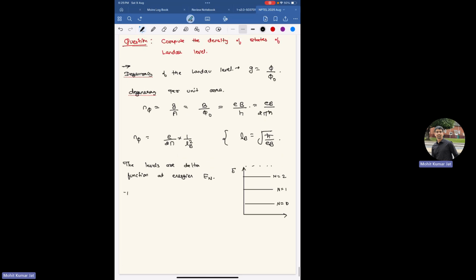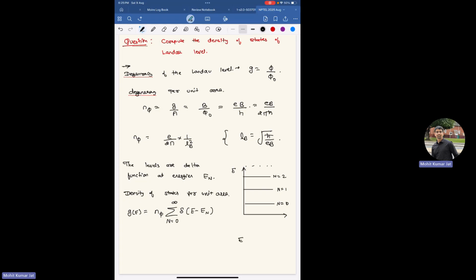So the density of state per unit area, g(E), will be n phi, that is your degeneracy per unit area, that is the degeneracy of each Landau level, summed over N from 0 to infinity because there will be infinite Landau levels when you put in the magnetic field, times delta of E minus En, where E is the energy at which you are sitting, and En is the energy of your Landau level.